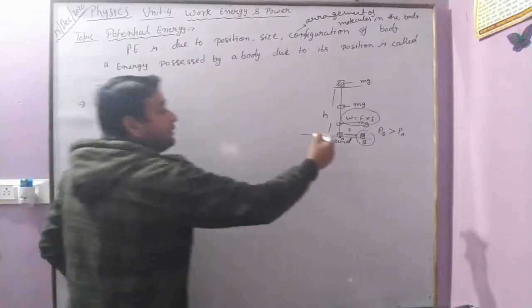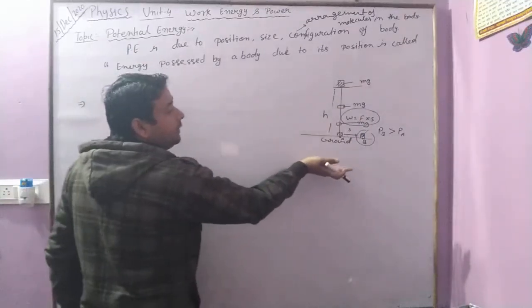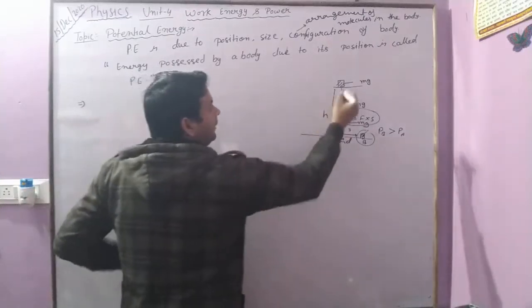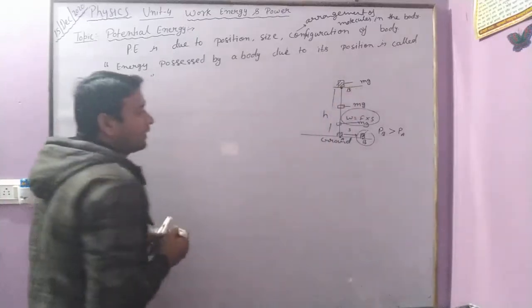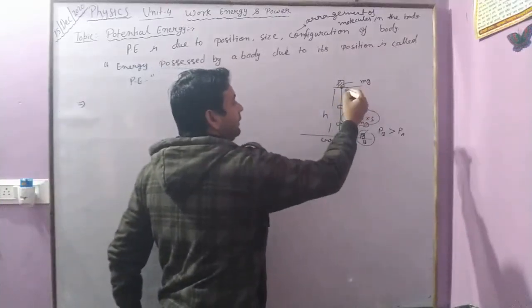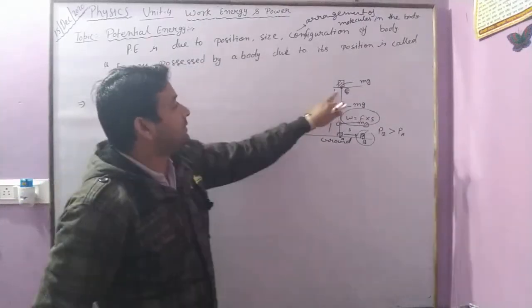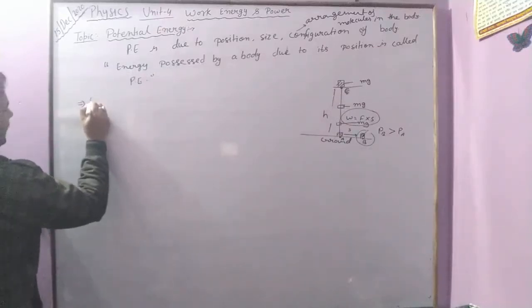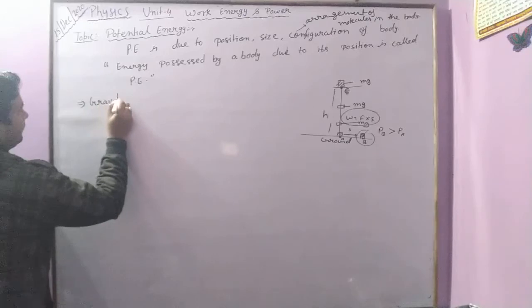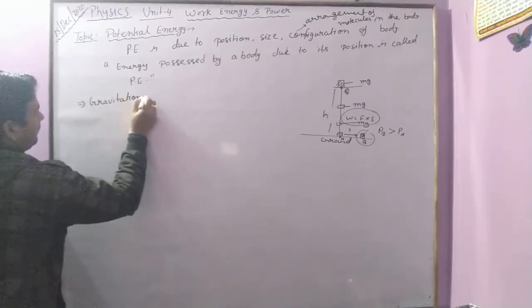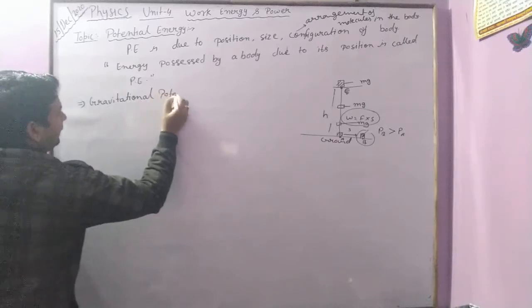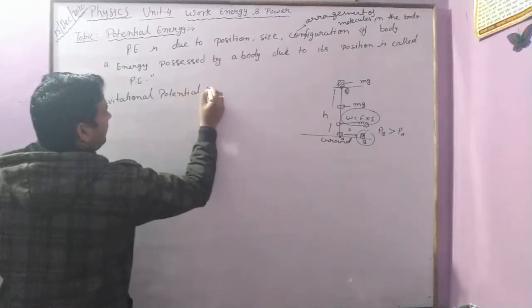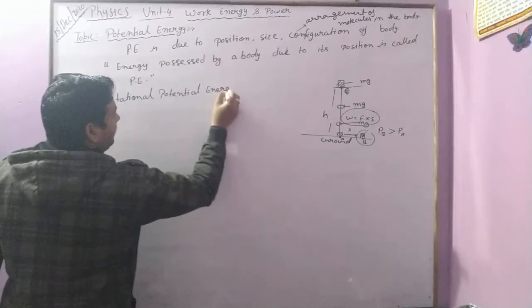So this work done to place the body from location A to a certain height, let's say at C, is called gravitational potential energy. Now the second point is gravitational potential energy.